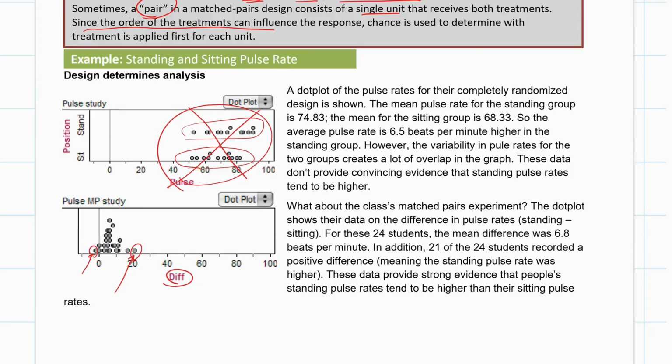There's some people who actually had a lower standing heart rate than sitting, but you can take a look at that and then ask the question, well, if standing and sitting didn't matter, what would you expect? Well, I would have expected the difference to be zero. But clearly, for the vast majority of the data points, the difference is bigger than zero. So when we look at matched pair experiments, it's important that we look at the difference in the outcomes in the individual pairs, not the overall results from the separation.